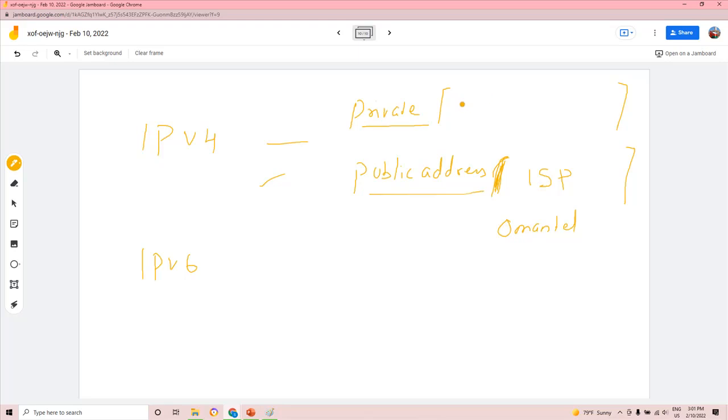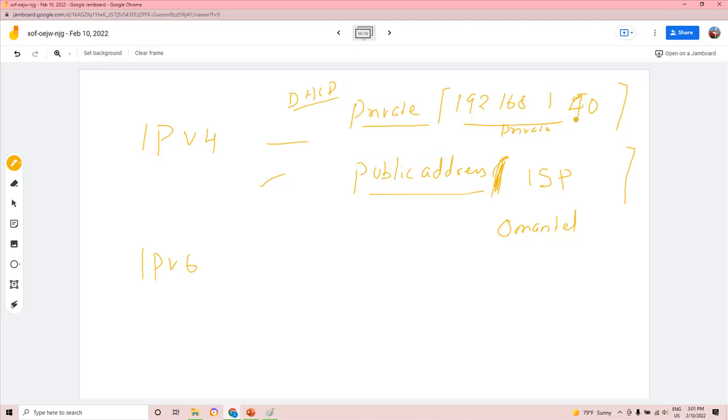A private IP address, for example 192.168.1.40. If you check your device at home, your mobile phone or your laptop, you will get an IP address from the Omantel or Ooredoo router that is assigned by a DHCP service. This IP address is called private, not public.